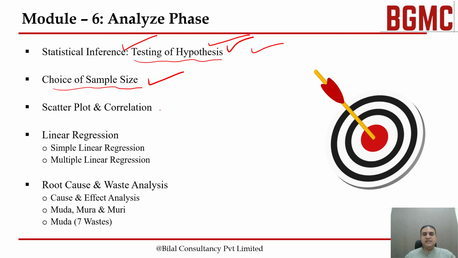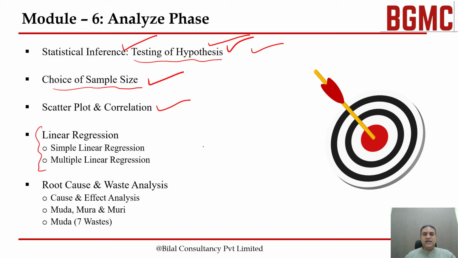Furthermore, we will discuss root cause identification techniques such as scatter plot as well as correlation, that is, is there any relationship between cause and effect, or between two causes or two response variables. To identify the strength of relationship, more specifically the linear strength between two variables, we can apply scatter plot as well as correlation.